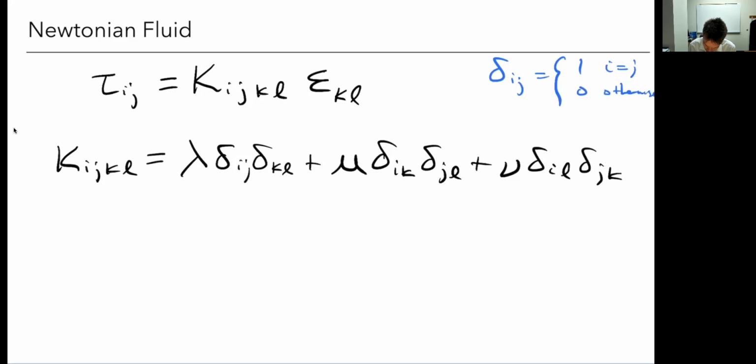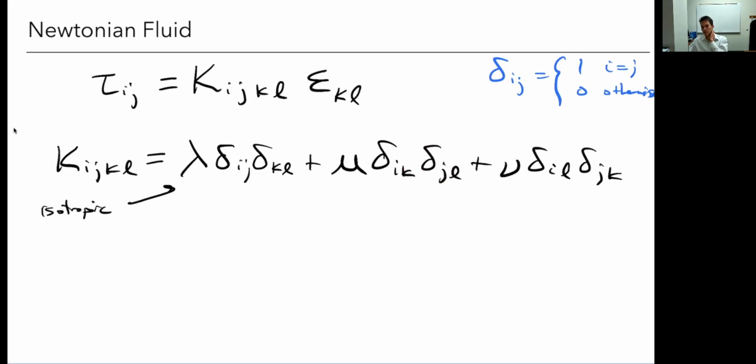You could also think of it, if you like matrix representations, kind of like a diagonal matrix, but it's not quite the same, because we have these different indices. So this is the most general isotropic 4th order tensor.